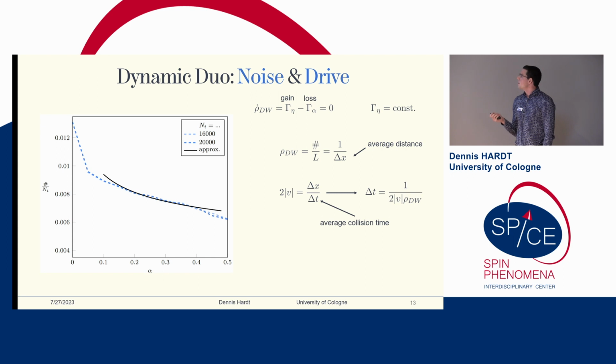I made some simulations and waited long enough that there's a stationary state, so the change in the domain wall number on average is 0. If you assume that and plug it in, at the end of the day you would get some alpha to the -1/4, which is exactly what I used for this fit here. And it fits quite nicely in this regime.